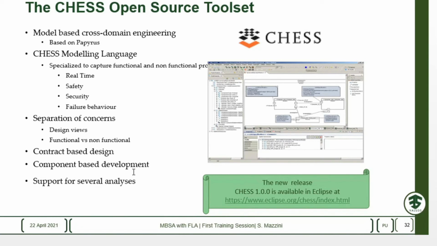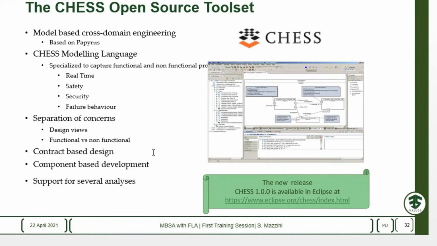part on the toolset support. The methodology is available with the CHESS toolset. That is a large tool for model-based cross-domain engineering. It is based on Papyrus.